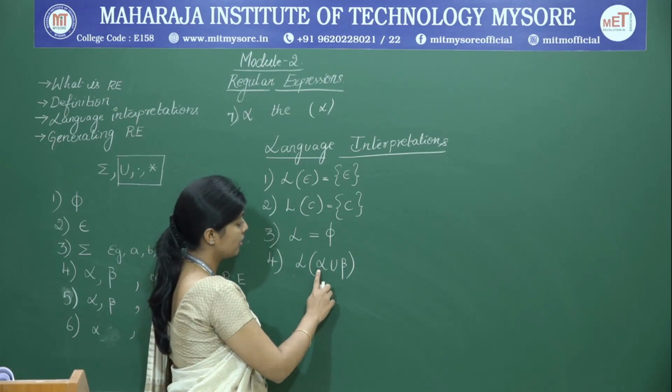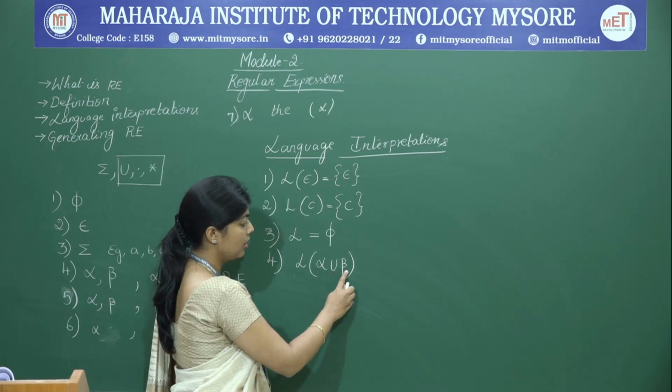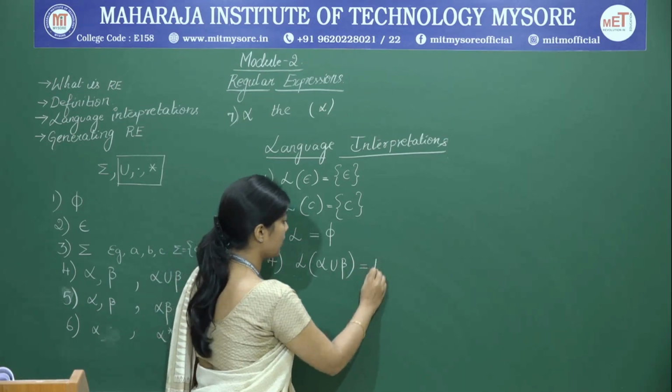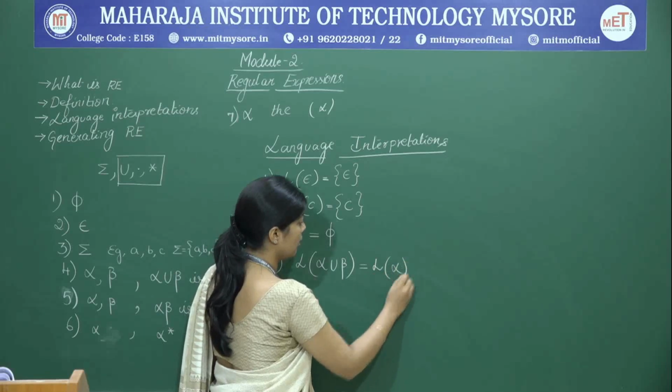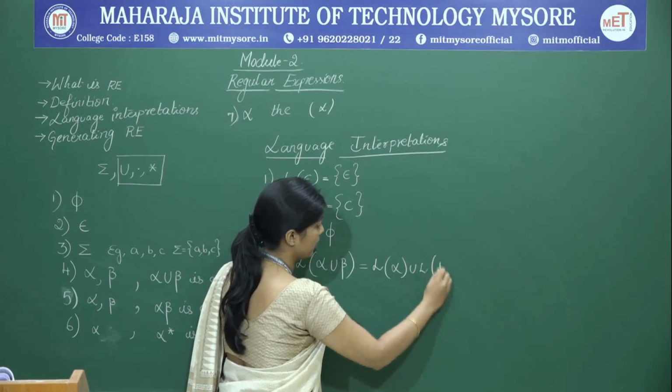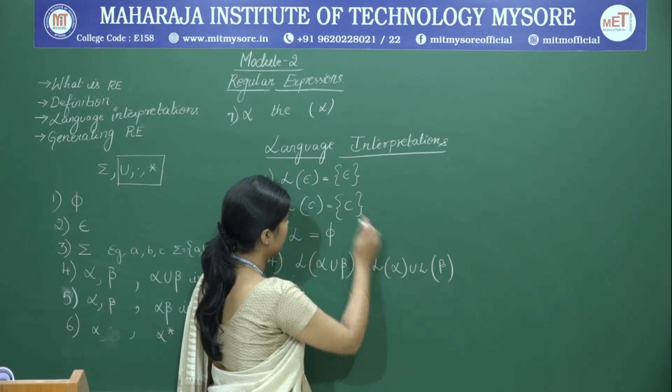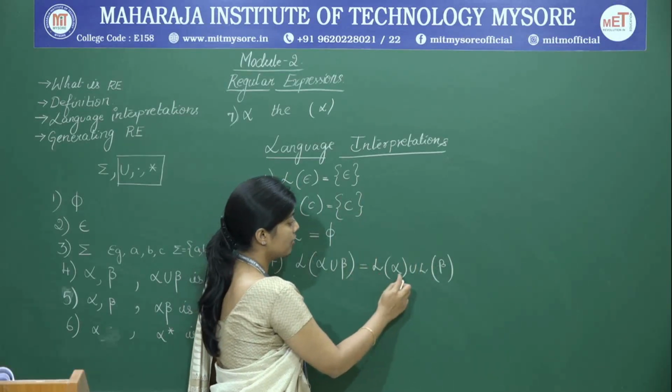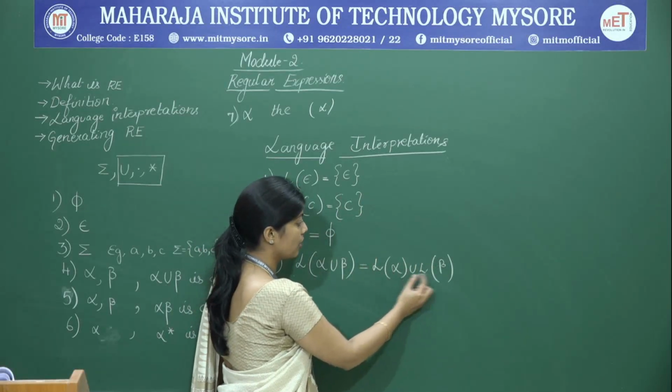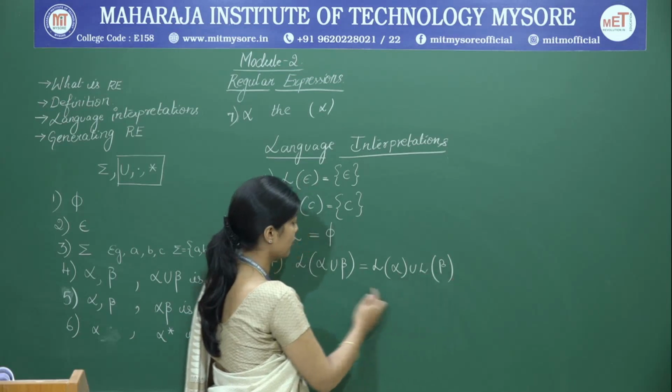If we have the language that contains alpha union beta, then it is nothing but L of alpha union L of beta. For the single elements we already know what they might contain. So, it is the union of the first language and the second language.